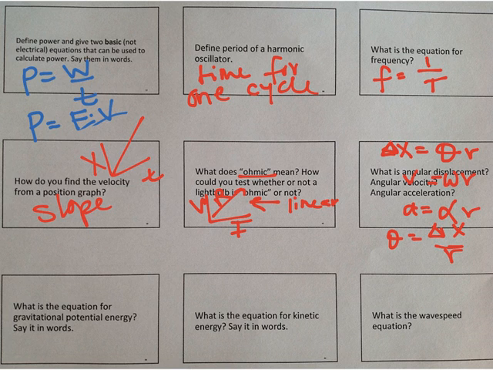Alright, equation for gravitational potential energy. It actually depends if we're talking about big G or little g. Little g is just going to be mgh. Big G is going to be m, and just one r, no squared.